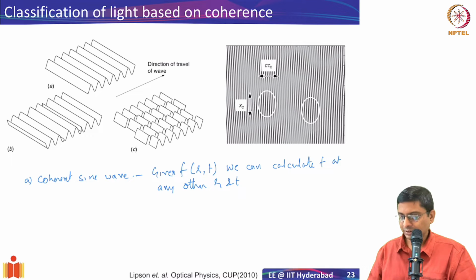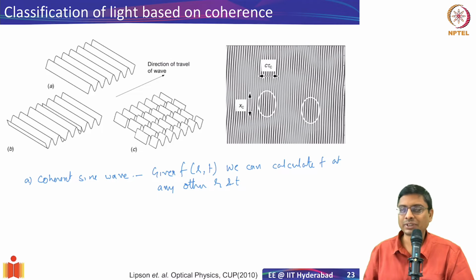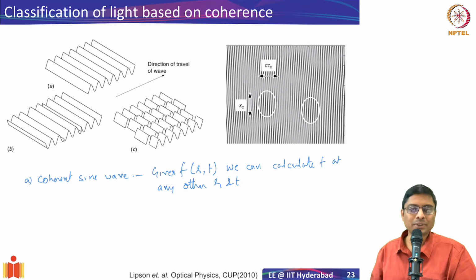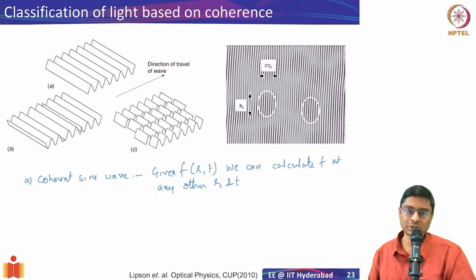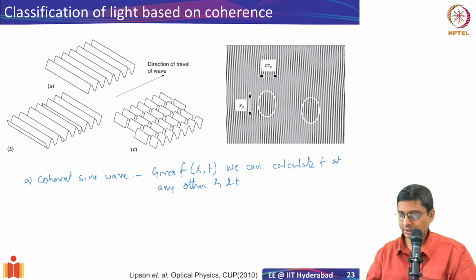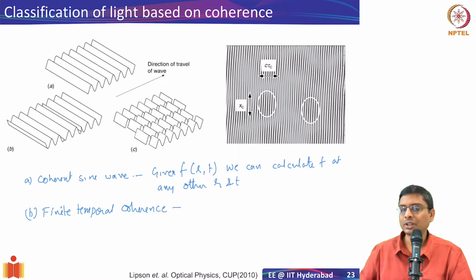In real life, many times, you have incoherent sources or partially coherent sources. So to categorize those things, we define two terms: the temporal coherence and spatial coherence. So first, I'll talk about the temporal coherence. Instead of a perfect source, you will have a finite temporal coherence. What does it mean if you have a temporal coherence?